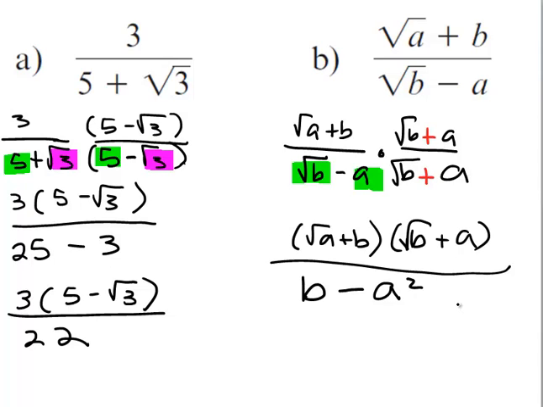Or is there? Let me take a look at this. Hang on. I took time off and tried to figure it out, and I could have gotten fancy, but I would have just ended up with what I had before. So this is as good as it's going to get, and this is really good because it says the same thing as this, only we're following the rules, and this has no radicals in it.